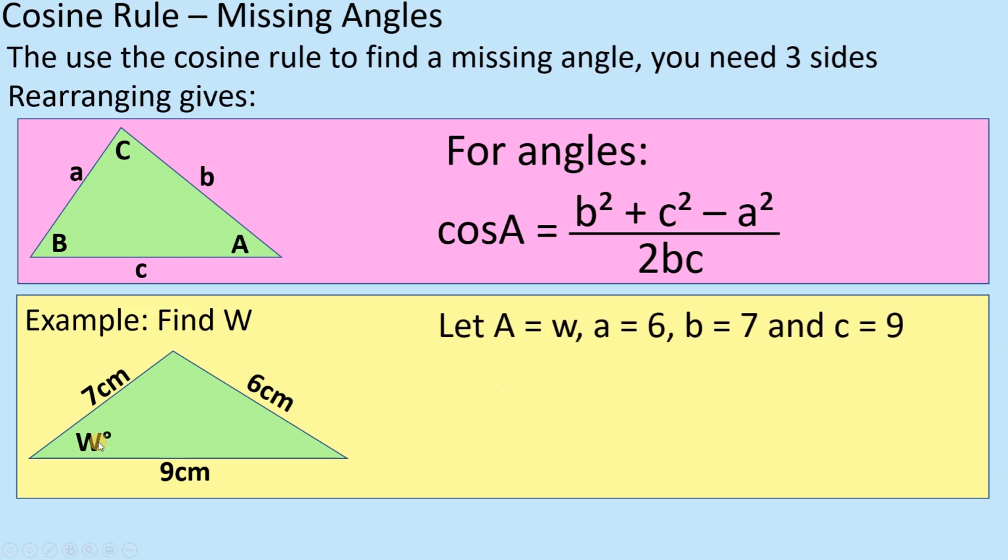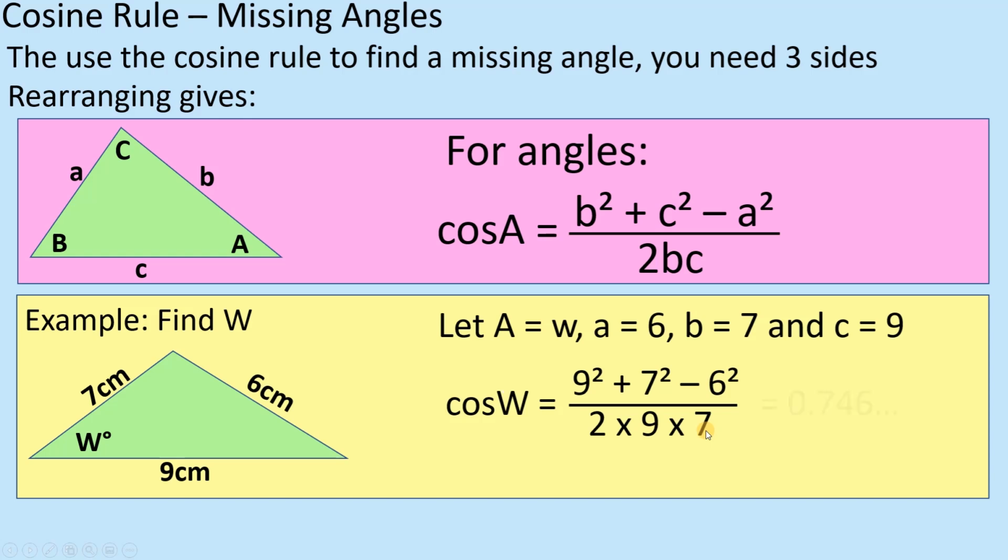So let A equal W, which is there, little a equals 6, B is 7, and C is 9. Plugging those in, you've got cos W equals 9 squared plus 7 squared, so B and C. You'll probably notice I've got those mixed up, B is 7, C is 9, so swap them around, but again it doesn't matter. Minus 6 squared, divided by 2 times 9 times 7.